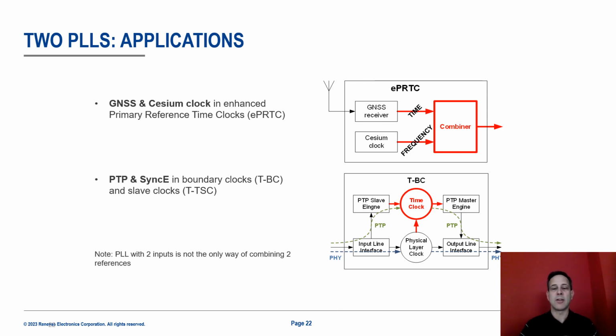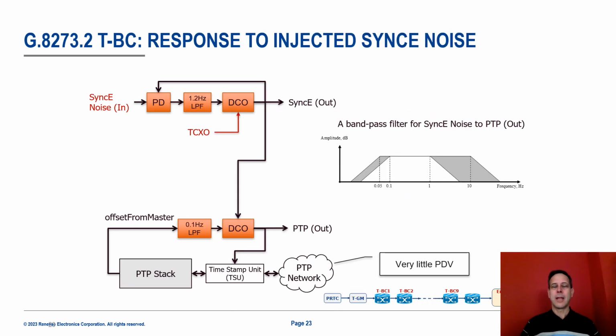Also, if there is a loss of the PTP packets, you can use it to establish a good long-term time holdover of that PTP node. In fact, if you look at the ITU-T recommendation for the telecom boundary clock, you can see where they define the band pass effect that happens when you use physical layer assistance with the PTP clock.